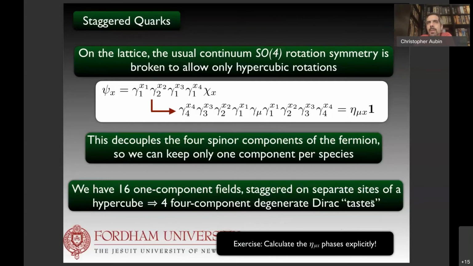Taste we use instead of flavor for up, down, strange, charm, etc. But we want to make sure that we distinguish the unphysical doubling from the lattice theory with the physical flavor of up, down, strange. And it turns out that these 16 single component fields are actually staggered across a 2 to the 4 hypercube. That's where we get the name staggered quarks.